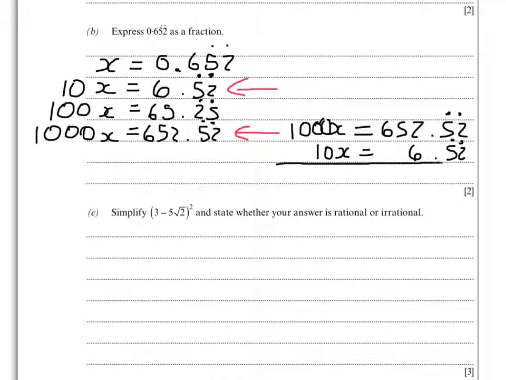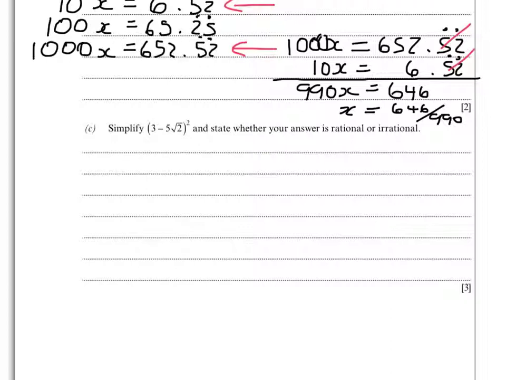So if I subtract those two from each other, 1000x take away 10x is 990x, and 652.52 recurring take away 6.52 recurring, well, the recurring part will cancel, so I've just got 652 take away 6, which is 646. And so to find my value for x, that is just going to be the 646 over my 990. And that is your 2 marks.